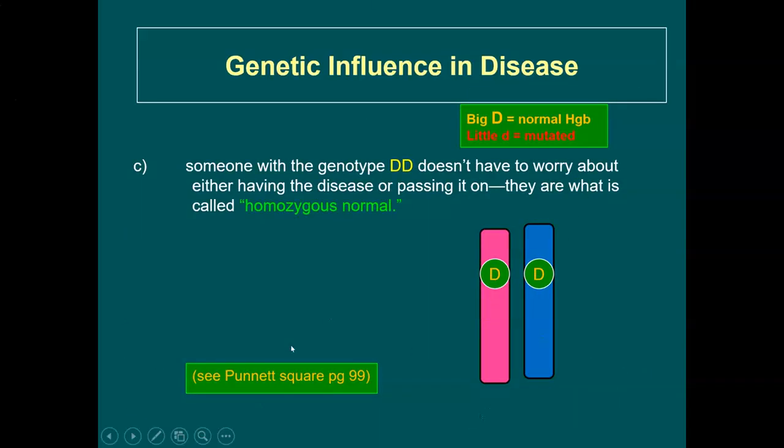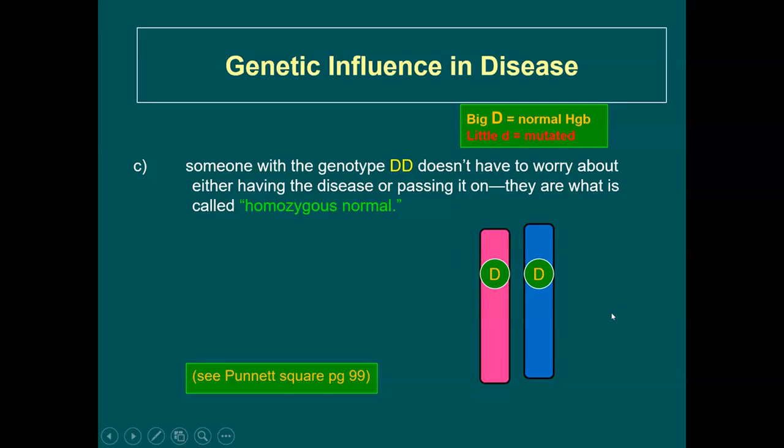Now, someone who has a mom with the genotype of homozygous dominant, we call that homozygous normal. And if Dad is homozygous normal, then these individuals with the two traits are not going to be a carrier, or they will not have the disease.